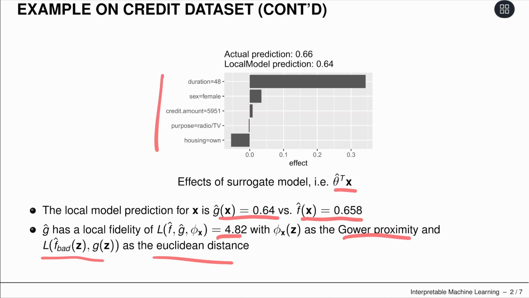Coming back to the nice graphic, we see that duration was increasing the bad score, so it was not a good thing that we asked for 48 months. Nevertheless, 4 years to pay it back. We see that the sex was also impacting a little bit.